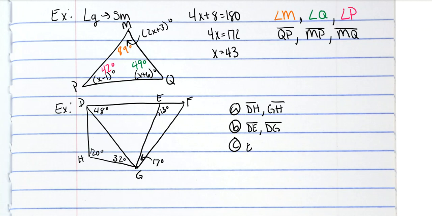And then EG and FG, how do they compare? Okay. So first, let's fill in all of my missing angles. So this angle right here can be found by doing 180 minus 113 minus 17. So that would give me 50.